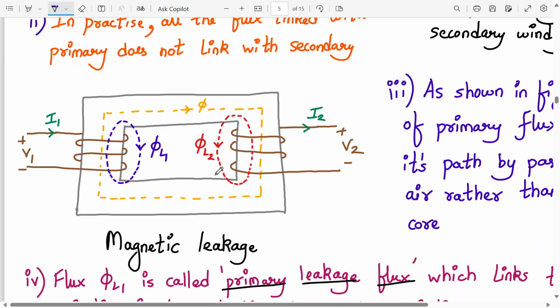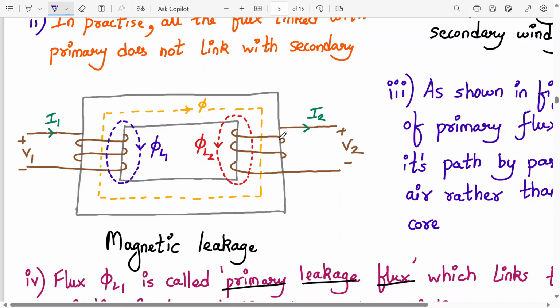Some part of primary flux phi L1 completes its path by passing through the air rather than around the core. So there is a gap between the primary and the secondary side, which is air. The primary flux will be flowing like this, and the secondary flux will be completing its path like this around the air. So flux phi L1 is called the primary leakage flux. It shouldn't happen.